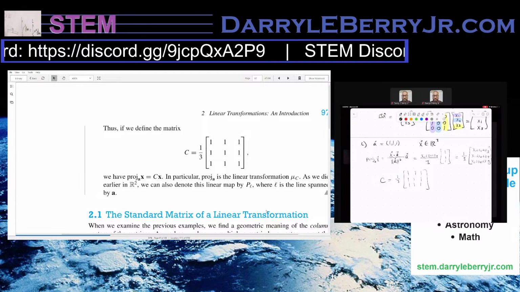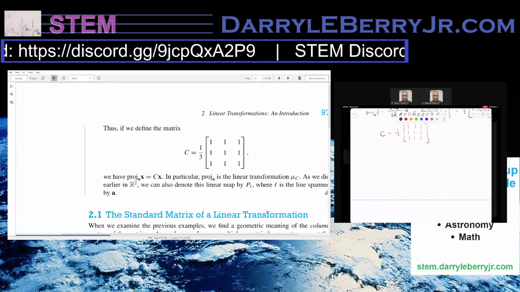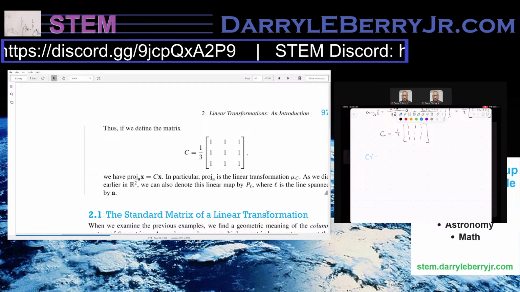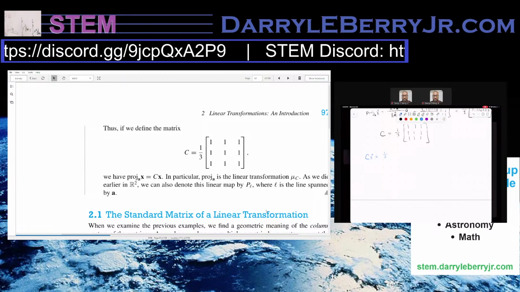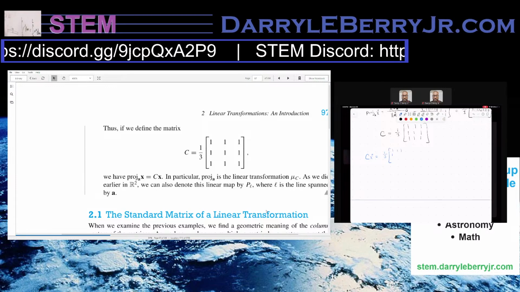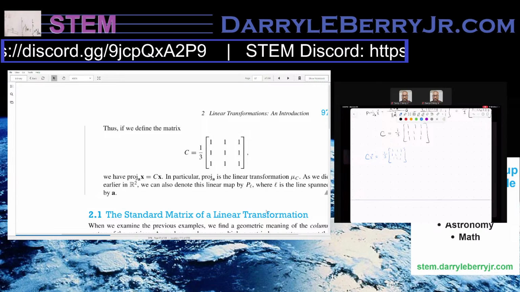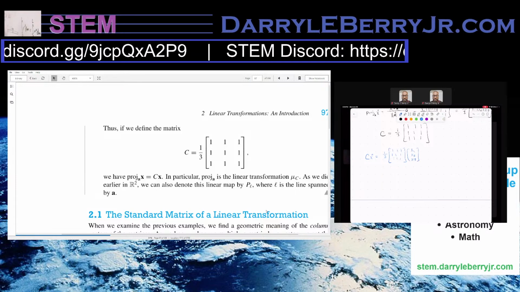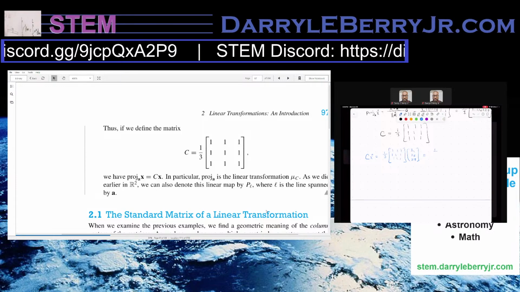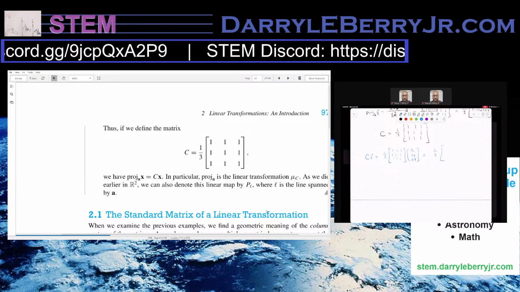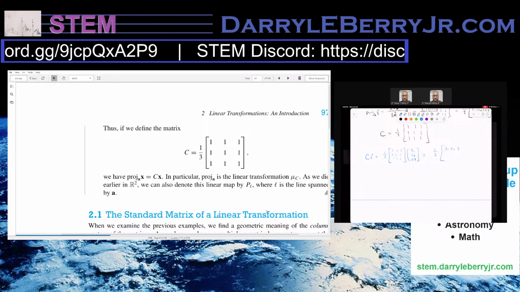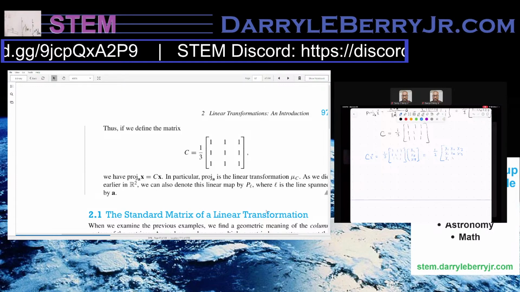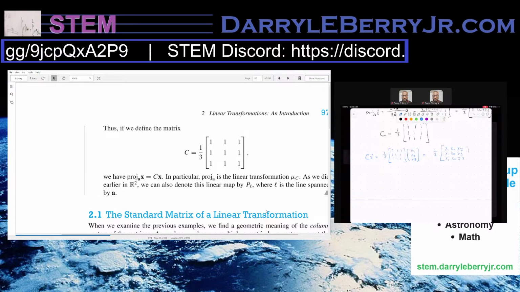And there would be the dot product. Let's test it. So we have CX equals 1/3 times the matrix of ones times x1, x2, x3, which equals 1/3 times x1 plus x2 plus x3 in each row.